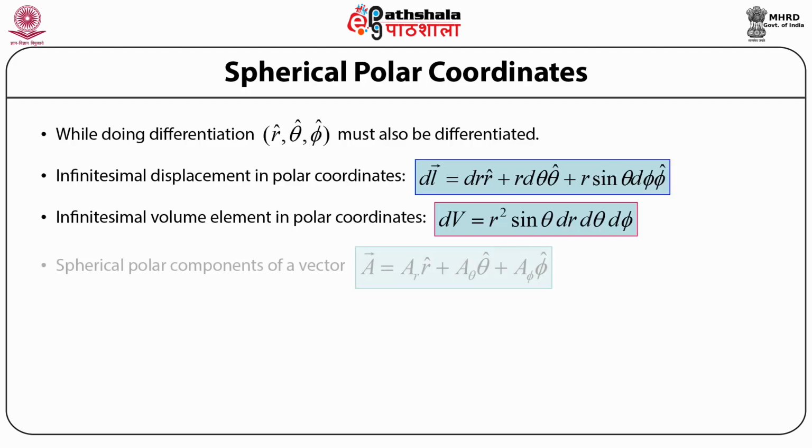And the spherical polar components of a vector quantity A are defined as A equals A subscript r times unit vector r plus A subscript theta times unit vector theta plus A subscript phi times unit vector phi, where A subscript r is the component of the vector A along the unit vector r, A subscript theta is the component of the vector A along the unit vector theta, and A subscript phi is the component of the vector A along the unit vector phi.